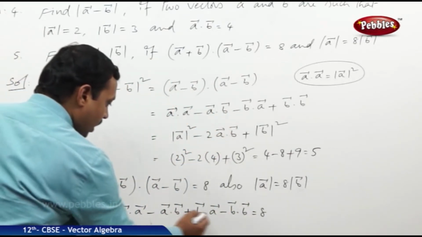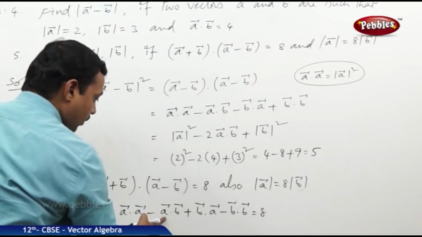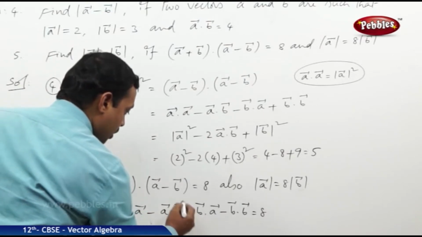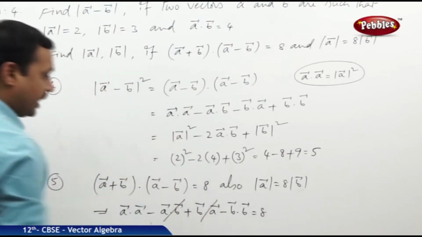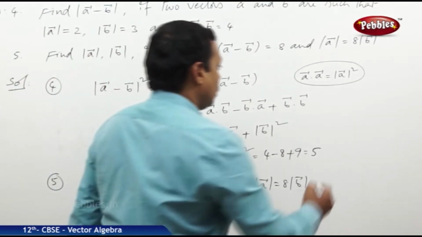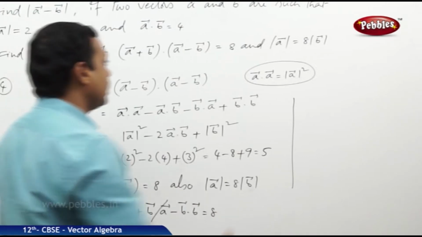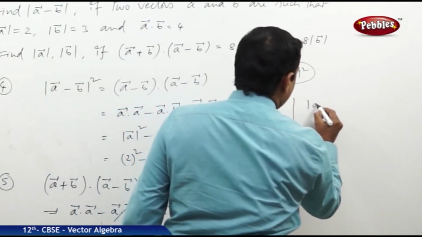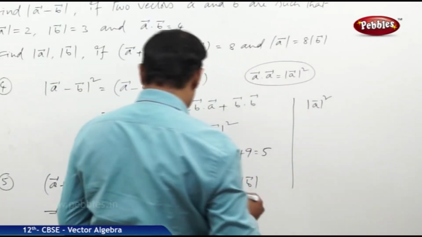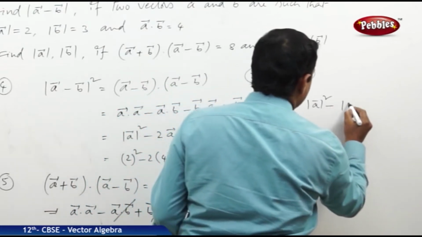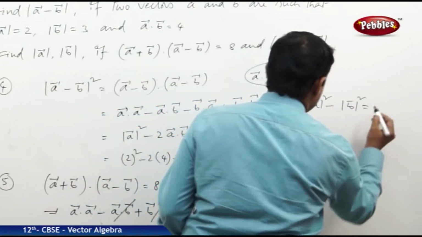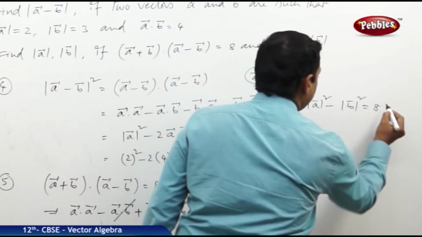So clearly a dot b and b dot a are the same, but one has negative sign, one has positive sign, so that these two get cancelled. As we know, a dot a is equal to mod a square, minus b dot b is equal to mod b square, is equal to 8.